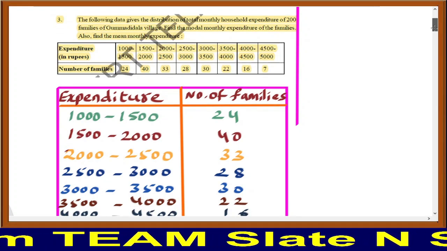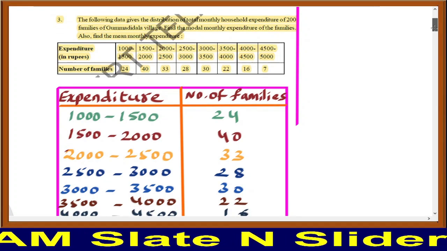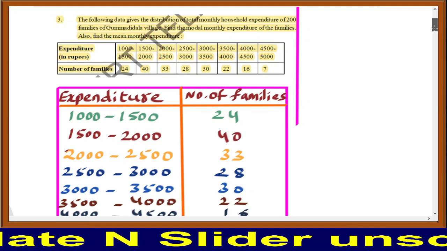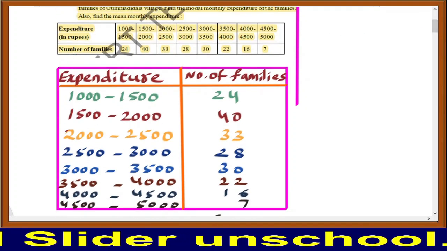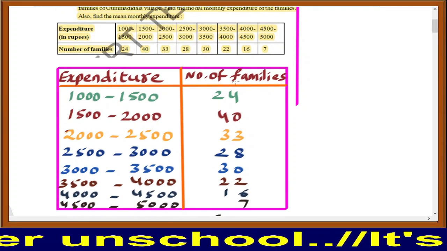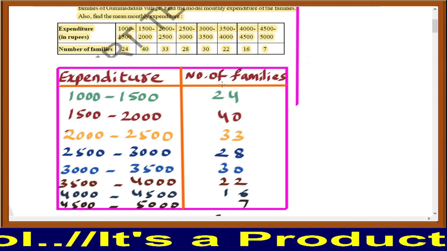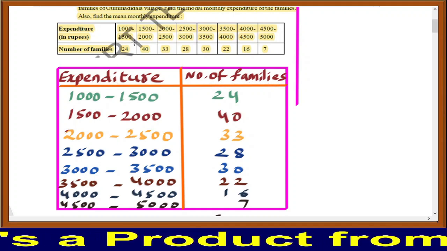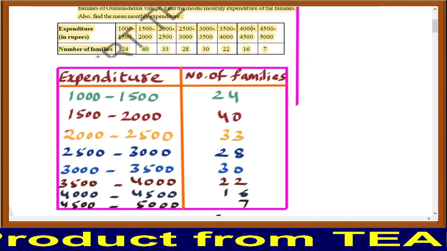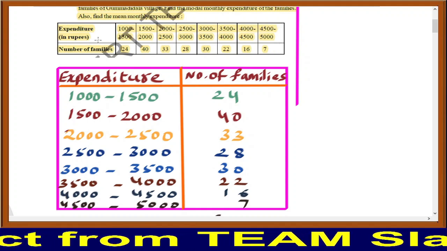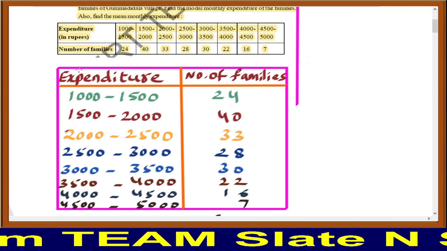How to find that? It is a survey on 200 families. So, we have to draw the table first. On one column write the expenditure and on the other column write number of families. In the question the data is given horizontally; we have to write it in vertical mode.